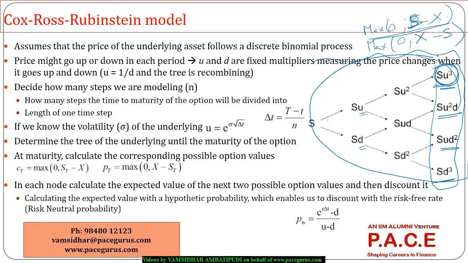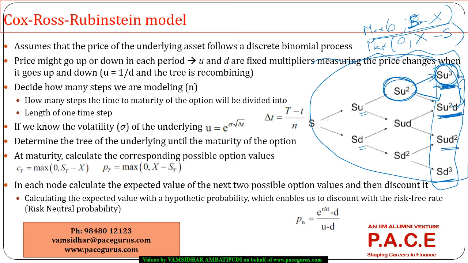And based on this, I calculate the expected value of the next two possible values. So here if I want to find out the value of the option, these are the two possible values from here. What is the value of the option here? What is the value of the option here? What is the probability that the value will be this much? What is the probability that the value will be this much?